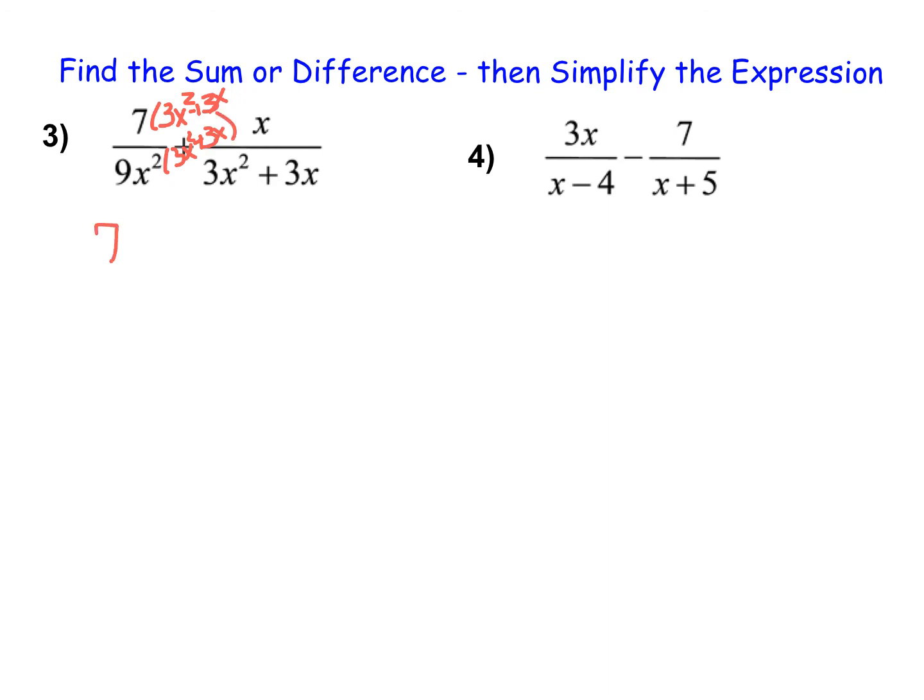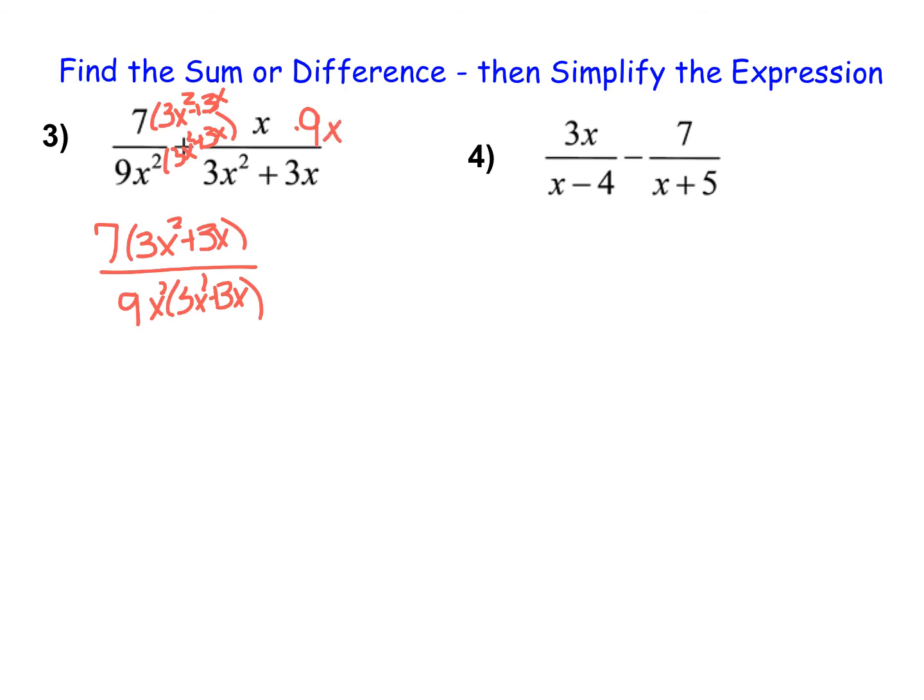Now if you want a little more space, you can write this out here instead. Then if we look at the second one, we're going to multiply that by the denominator of the first fraction, which is 9x squared.